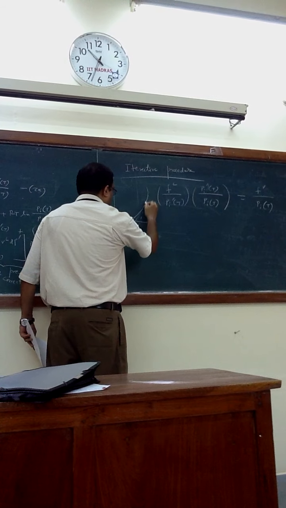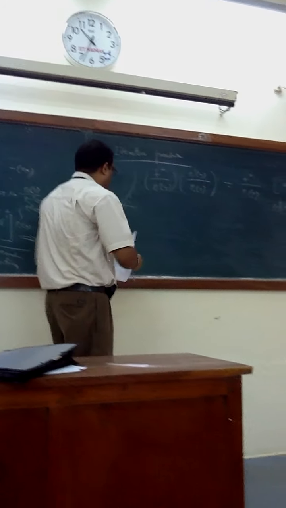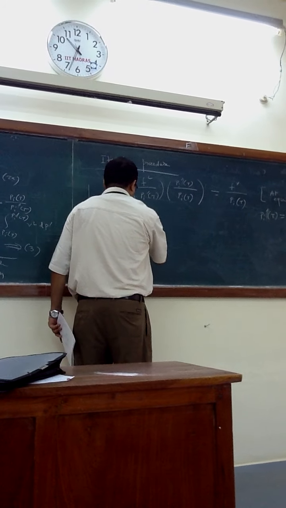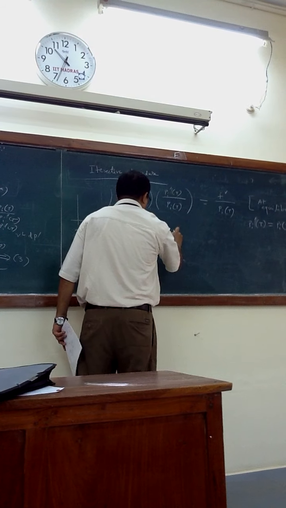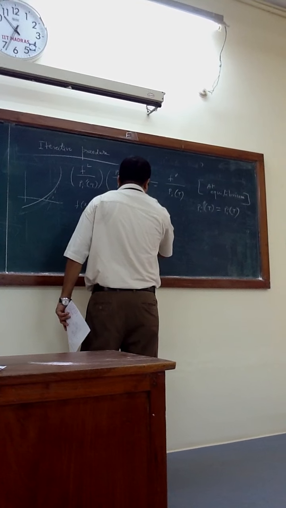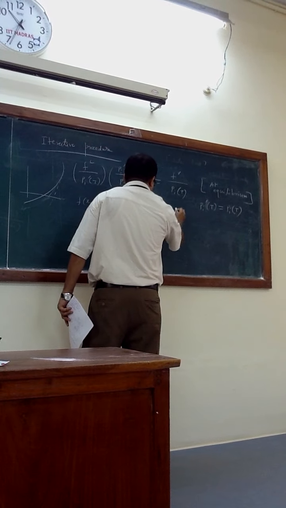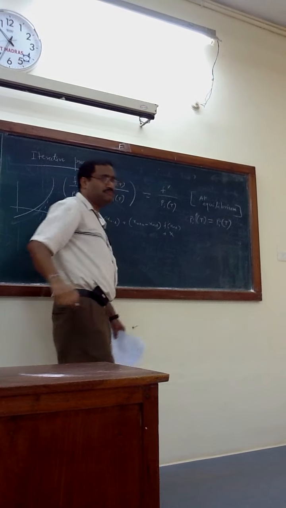I am saying my this thing is linear. So if you look at f(x new), the Taylor series is f(x old) plus (x new minus x old) times f prime x old. Higher order terms I am neglecting.